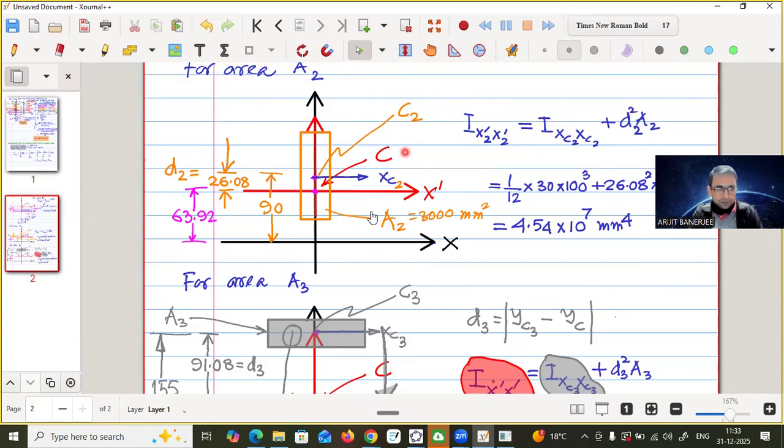Okay. About this axis. Is it visible? I know about this axis, this blue color axis. I am transferring it to this red. So that I am doing.